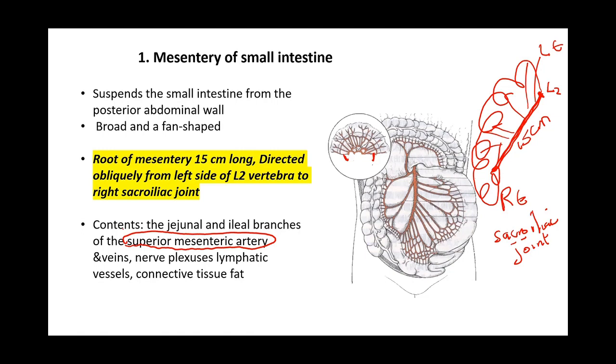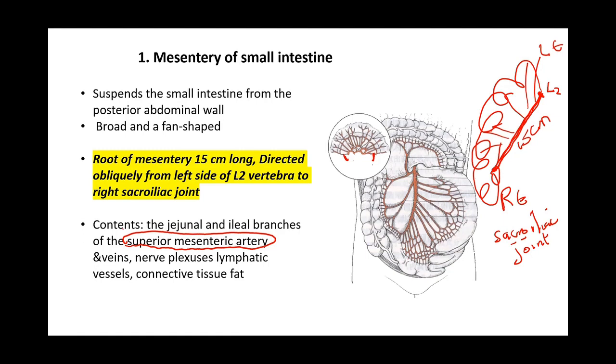All these are distributions of the superior mesenteric artery, and the branches are superior pancreaticoduodenal artery, intestinal arteries, which are jejunal and ileal arteries, right colic artery, ileocolic artery, middle colic artery.